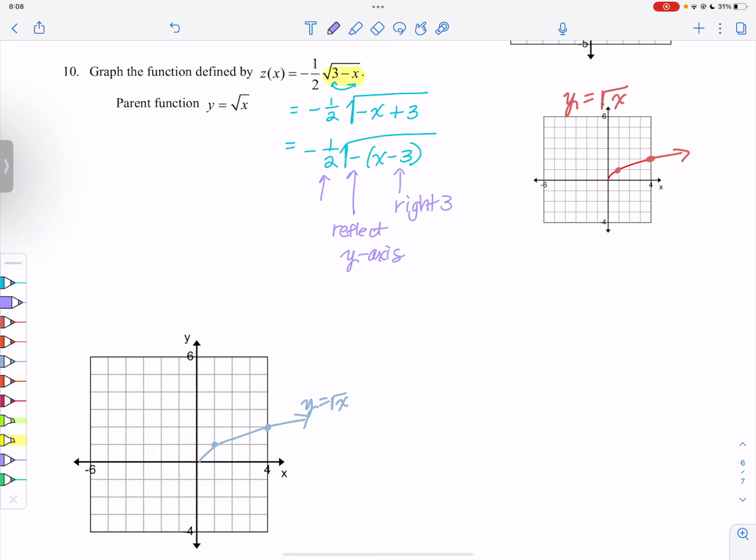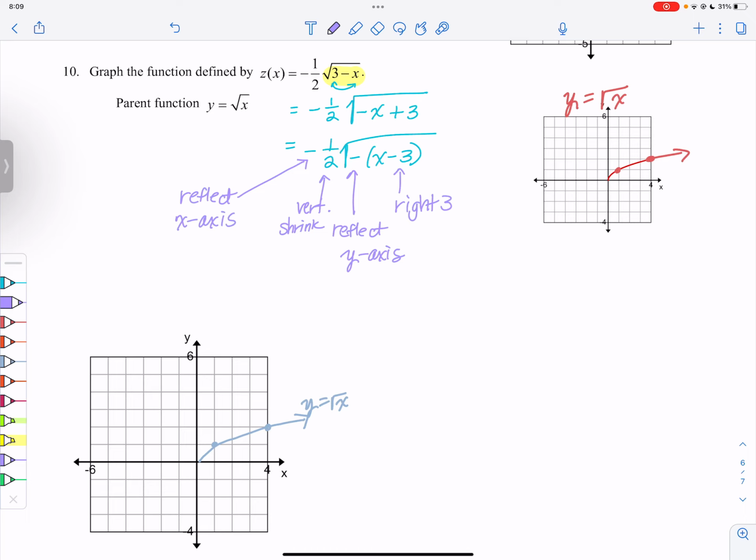And here we have a vertical shrink, because remember, that's a fraction on the outside. And then there's that negative on the outside. So that is a reflection across the x-axis.